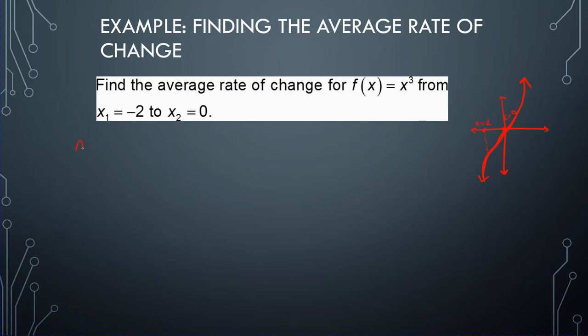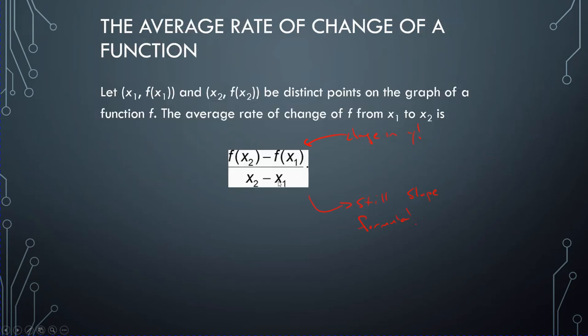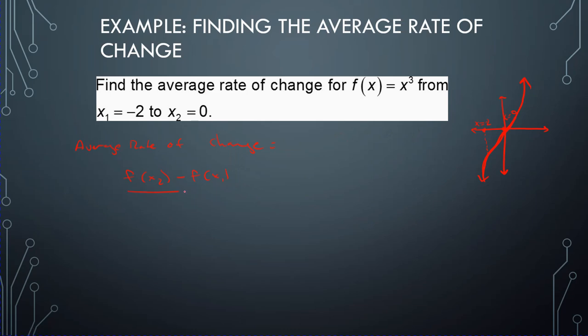So what you're going to do here is just follow the formula. It's going to be f of x2 minus f of x1, divided by x2 minus x1. So this is going to be f of 0 minus f of -2, all over 0 minus -2.